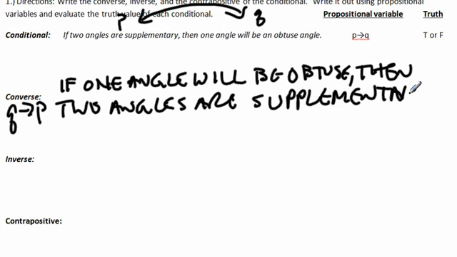Now we could probably write some better English here, but really all I'm trying to get is the switching of the hypothesis and conclusion, and as long as you do that, I'm good with that.